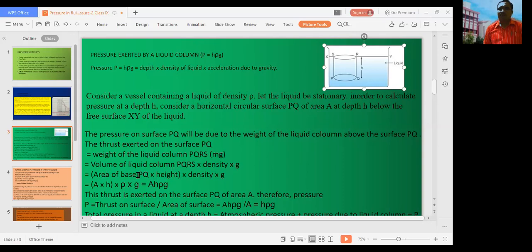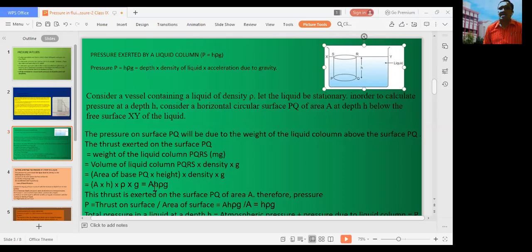Instead of volume, we can write area of the base into height, since length into breadth is area. So we get A into h into rho into g. That is AH rho g, which is the thrust.